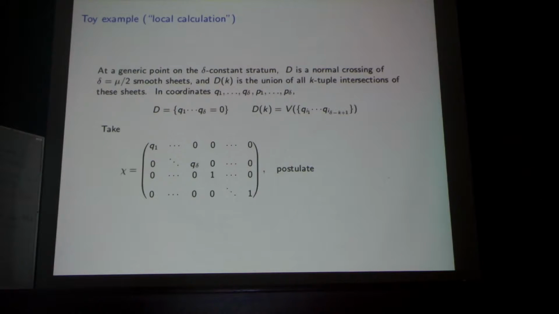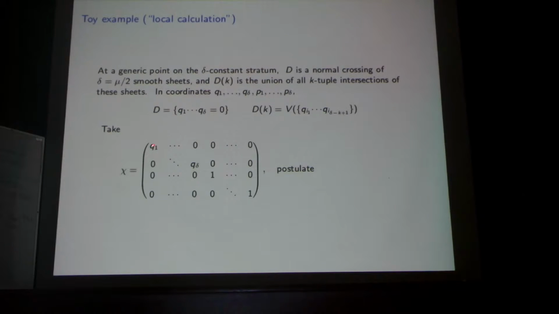We have a very simple expression for the vector fields tangent to the discriminant. So this matrix chi shows the components of the vector fields tangent to the discriminant. The first vector field is represented by the first column, which is q1 in the first place and then 0.